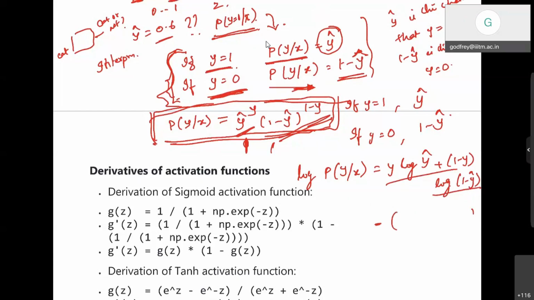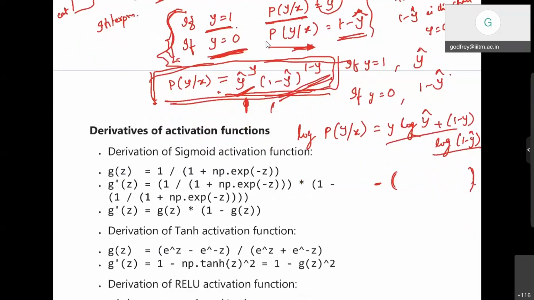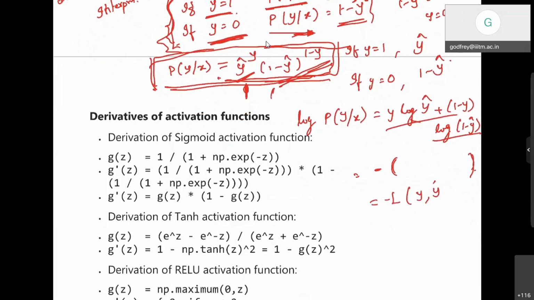By doing this, the meaning of the equation is not changed. Having a minus before this makes it a function that needs to be minimized. So you have a loss function given by L of y cap comma y. That's how we use this as the loss function for logistic regression.